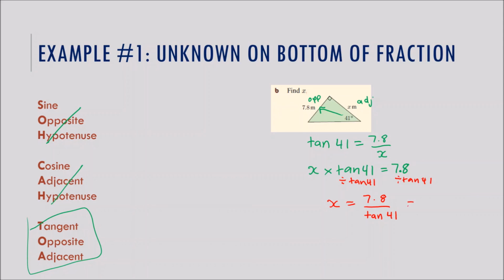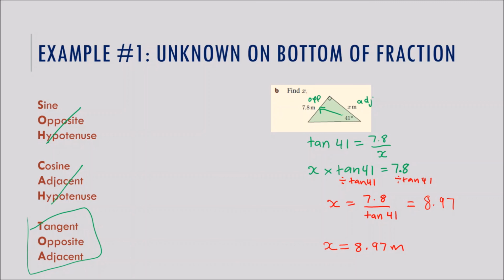And I can put that in the calculator, and 7.8 divided by tan of 41 ends up being 8.97. So x is equal to 8.97 meters in this case.